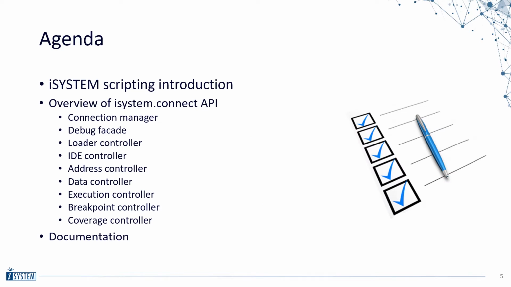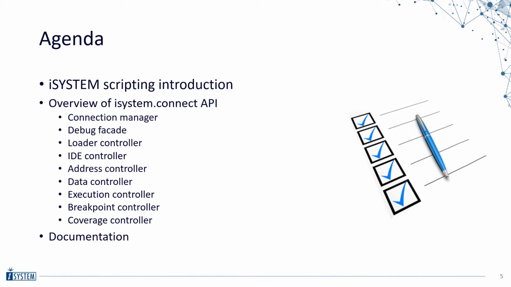Let's check what is the agenda for today. First on the agenda is an introduction of iSystem scripting. I will describe a hardware and a software setup used for the automation of the iSystem tools. Then I will present the most used classes of the iSystem Connect API. After a certain class presentation, I will demonstrate it with a live demo.